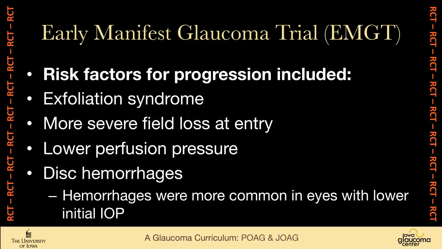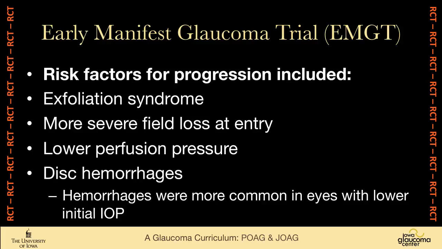The risk factors for progression included exfoliation syndrome, regardless of the pressure, even at low pressures. Exfoliation syndrome patients are more likely to progress. Not surprisingly, people who had more severe field loss at entry, lower perfusion pressure, in other words, low blood pressure compared to the intraocular pressure, and people who had disc hemorrhages are more likely to progress.